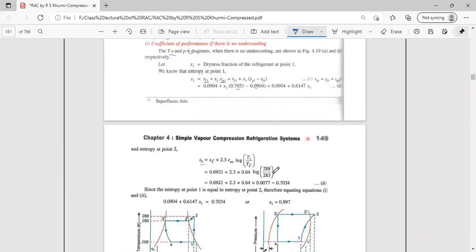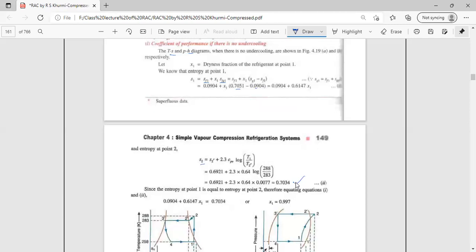We have converted them, so this is log of 288 divided by 283. After simplifying the calculation, the entropy at the point 2 is given as 0.734.